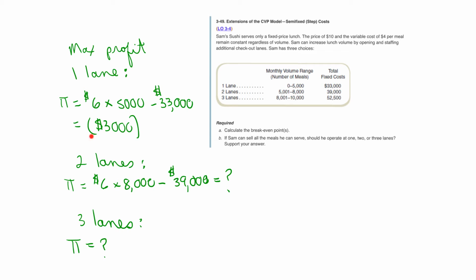When I do that for 1 lane, I get a loss of 3,000. For 2 lanes, it's $6 times 8,000 minus 39,000. And once again, I'll let you complete the calculation. And for 3 lanes, well, as before, the pattern is set, and you should be able to complete the calculation and determine whether the maximum profit is 1 lane, 2 lanes, or 3 lanes.